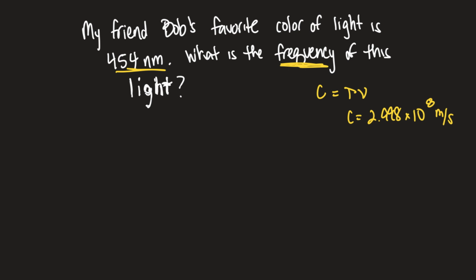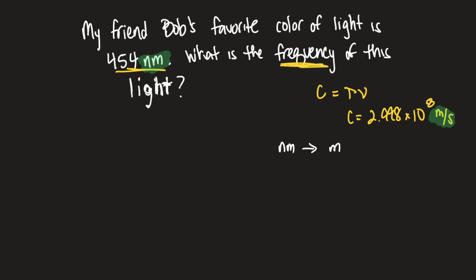Now, a couple of things I want you to keep in mind. Notice our wavelength is in nanometers, and oftentimes wavelength is measured in nanometers. But at the same time, the speed of light has units of meters per second. So what that means is that we have to convert nanometers to meters.